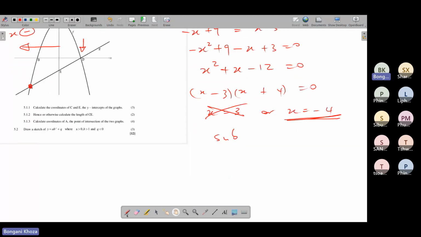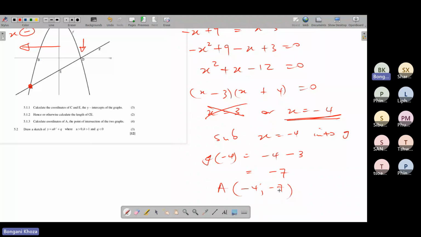So we sub x equals negative 4 into g. We'll have g at minus 4 being minus 4 minus 3, which is minus 7. So the coordinate of A is minus 4 and minus 7.